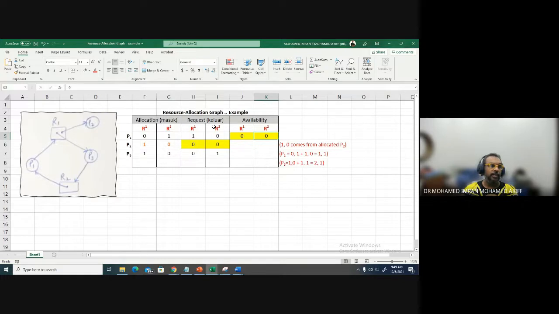Okay, sebab resource dia limited. Dia ada dua je. There are two resource and there are 3 process. So if we do not follow a proper sequence, then it might be a deadlock situation.